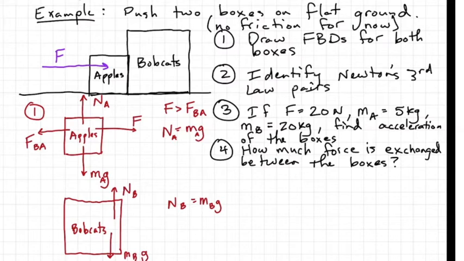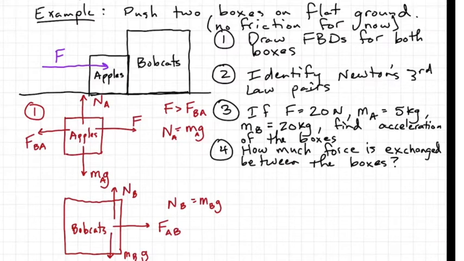So the Apple box is in contact with the bobcat box. Therefore, the Apple box is applying a force on the bobcat box. So there's a force from A to B here, FAB. And that's it. That's the only force that's pushing the bobcat box forward.